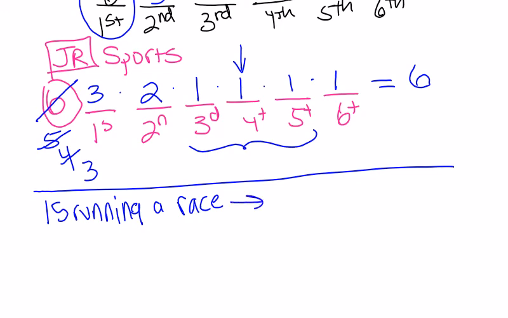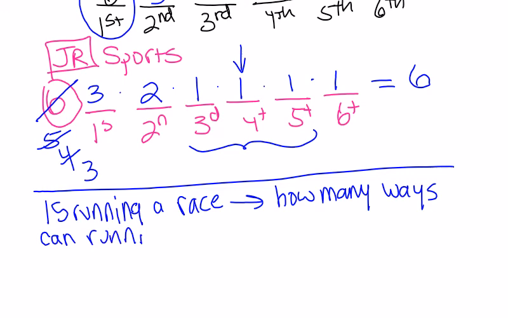So we want to know how many ways can the runners finish first, second, and third?